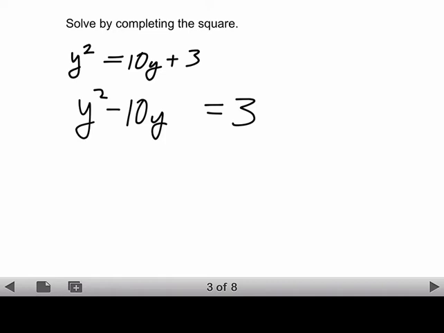Now, in the previous slide, we looked at that middle term, well, what became the middle term, and we said, hey, this is 2 times something. I think it's pretty clear that it's negative 5y, but let's focus on this process here. Finding it's 2 times something, that's the same thing as dividing by 2. So we can take that negative 10 and divide it by 2 to get 5.